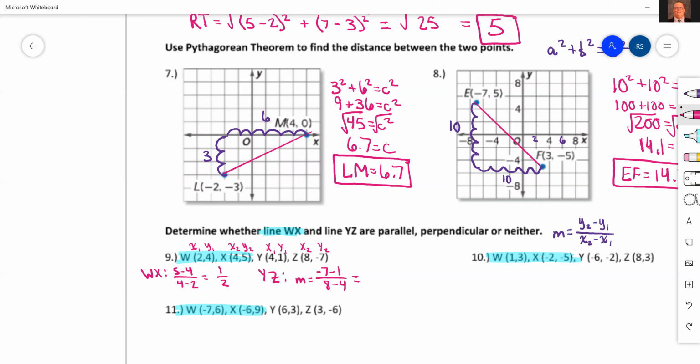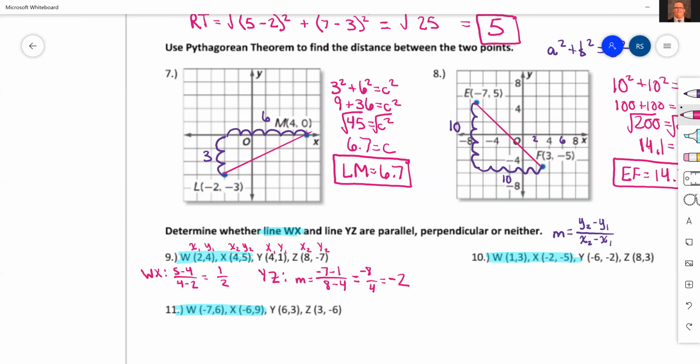Negative 7 minus 1 is negative 8. 8 minus 4 is 2. Can I reduce that? Yes. Wait, no. 8 minus 4 is not 2. 8 minus 4 is 4. Negative 8 divided by 4 is negative 2.